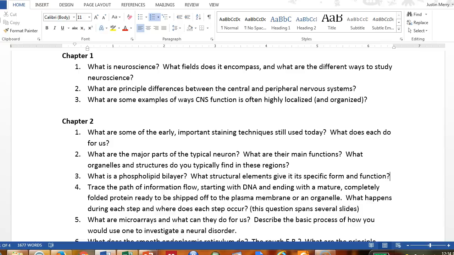Once we do that in the ER, eventually we're going to package that peptide into a vesicle. The vesicle will be conveyed by a motor protein, typically kinesin, walking along a microtubule, and that will take it to the Golgi apparatus, which I'll draw like that.